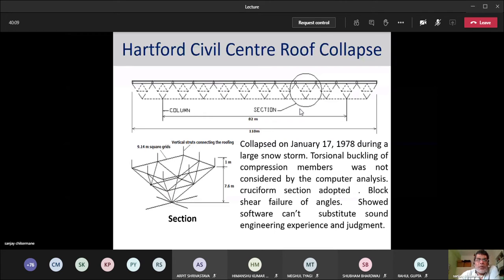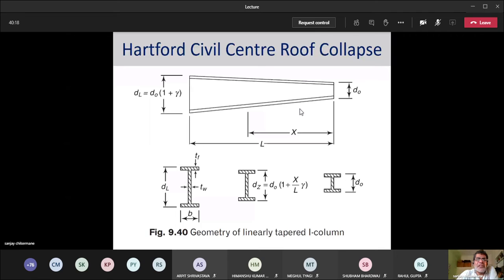Then let's go to the next one. Another thing which the software doesn't do well is tapered beams. Tapered beams are typically extremely difficult for the software to look at, and the tapered beam ends up generating a torsion.